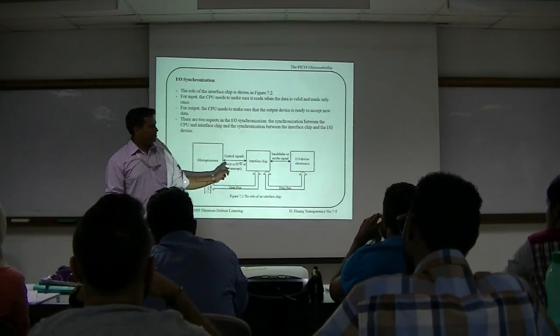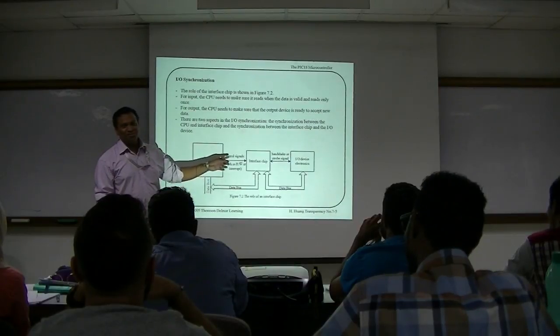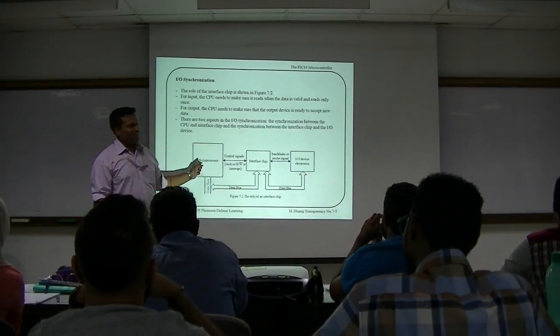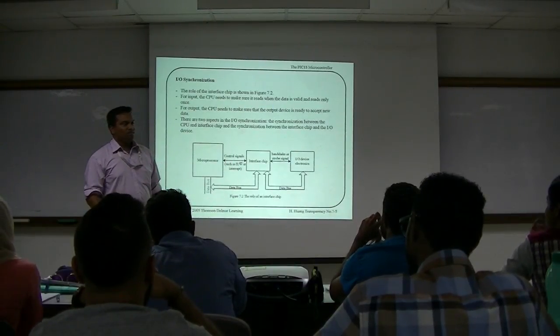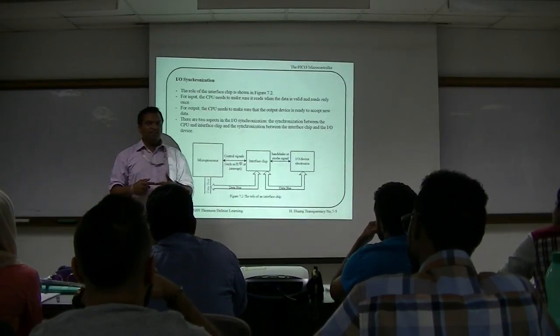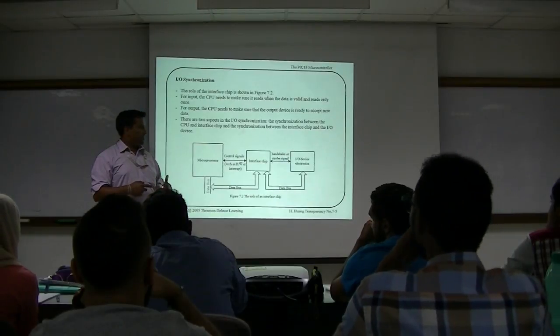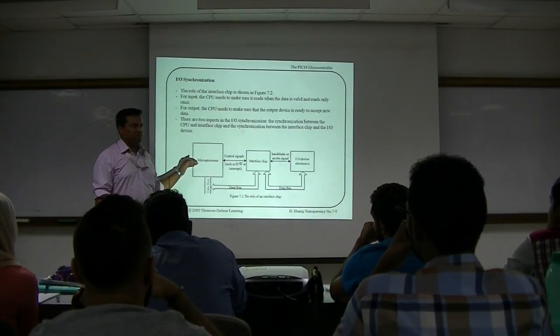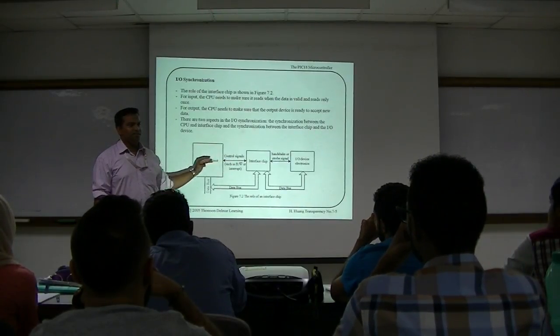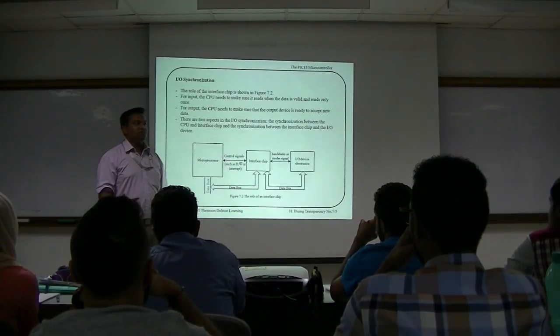Of course I won't say wait like that, but polling is actually like that. It takes up CPU time in the sense that it keeps checking. If the CPU is doing other work, it has to stop that work and check, has it arrived? So that takes up some CPU time.